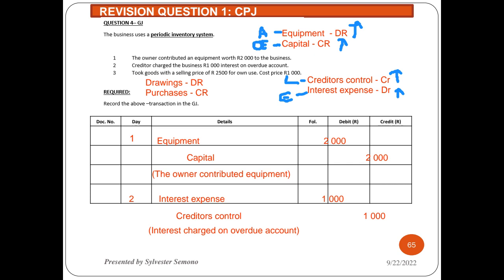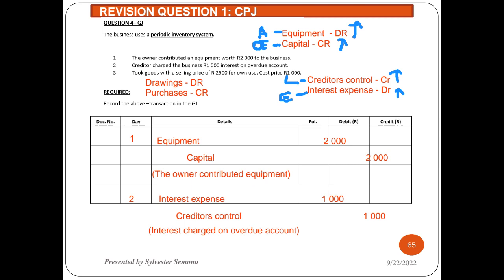Remember, I told you that you must always use the cost price. Don't forget. And obviously, I'm going to credit purchases of 1,000. I hope it makes sense.